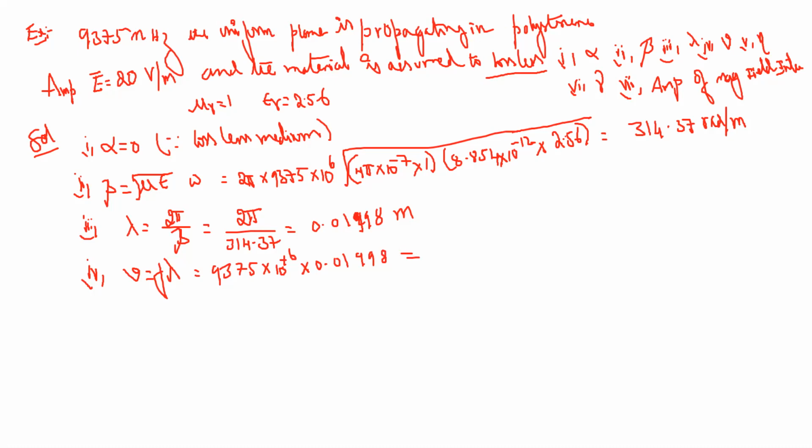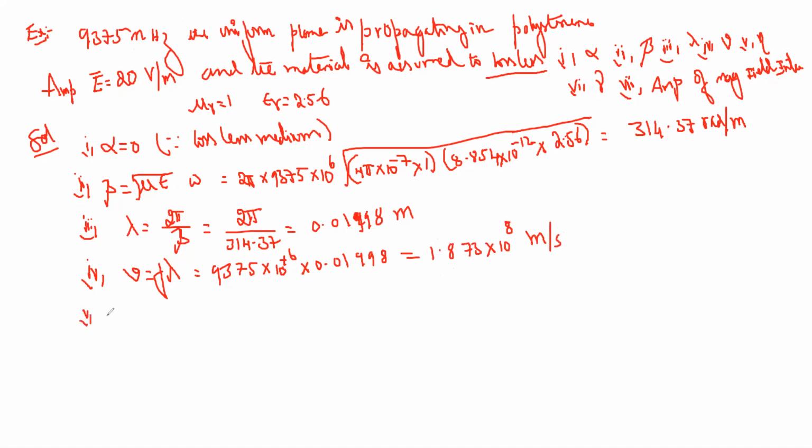The f is directly given, the frequency in megahertz. That is equal to, we got 1.873 into 10 to the power of 8 meters per second, the velocity.